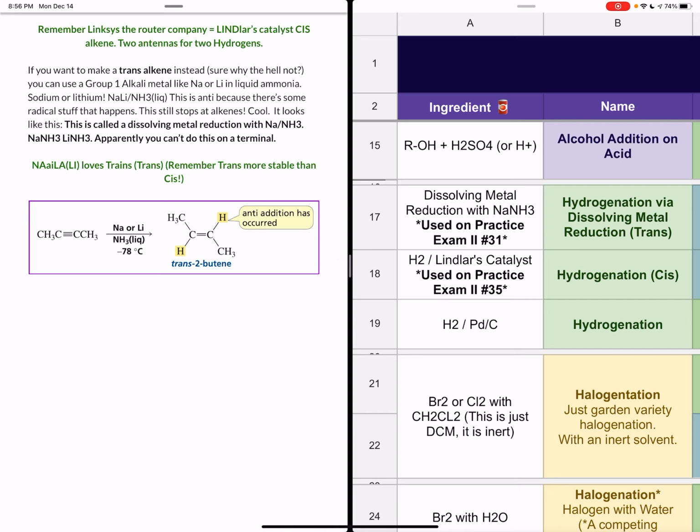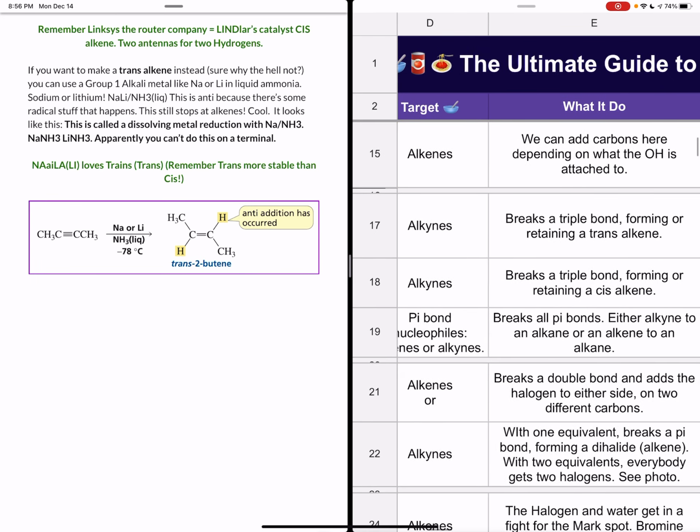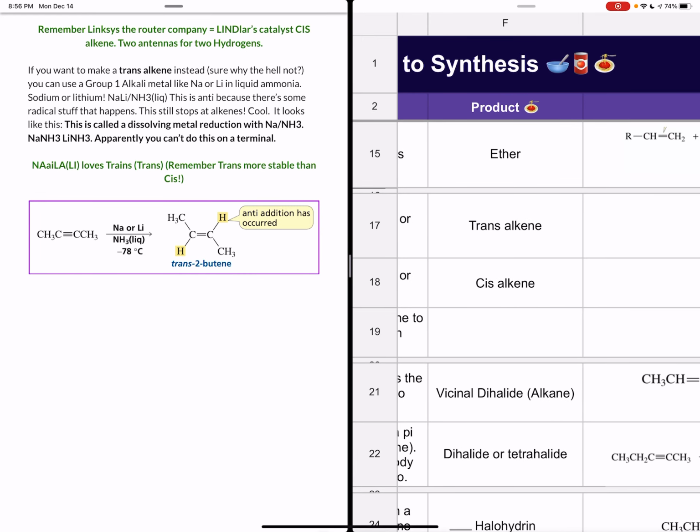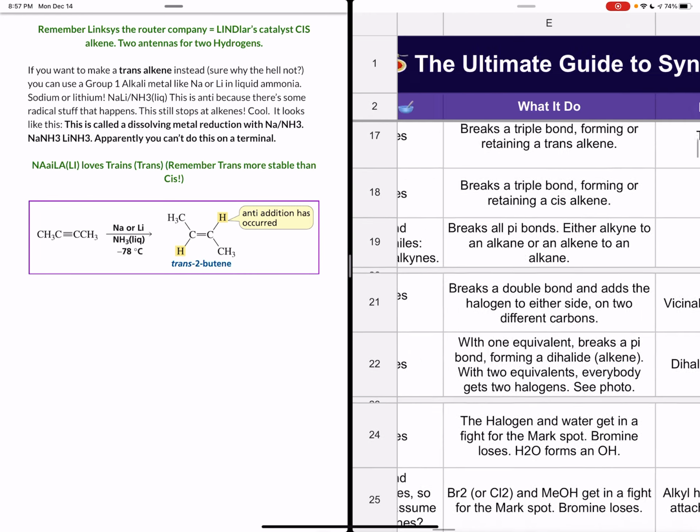This is a trans product, and it's also an anti-addition. Or you can use Lindlar's catalyst, which is going to allow you to have a cis product. And these are both going to stop at alkenes. That's the thing. These are great ways to get rid of a triple bond. They're going to act on alkynes. One is going to make a trans and one is going to make a cis, okay?